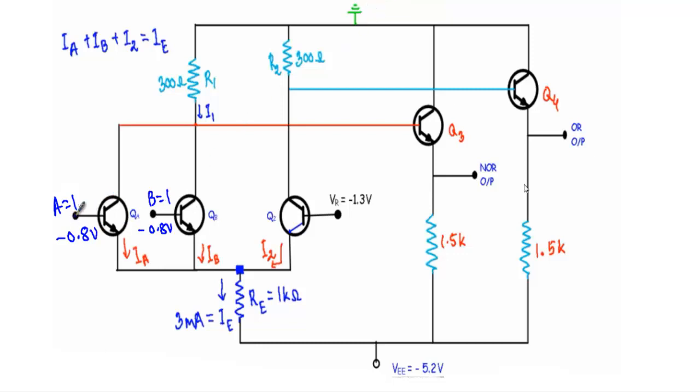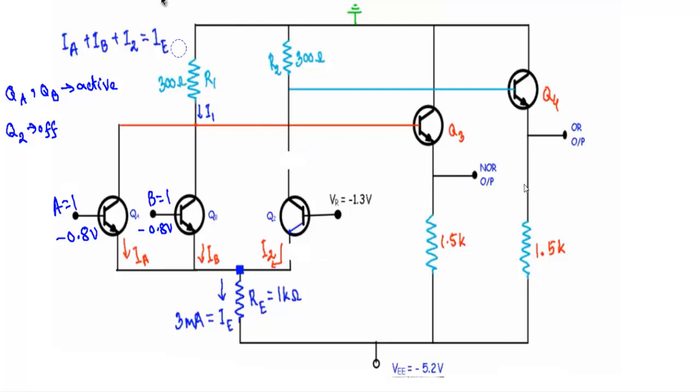As I am applying logic 1 at the input terminals, therefore our transistors QA and QB will be in active region, and our transistor Q2 will be in off state or in cutoff mode. As the transistor Q2 will be in off state, its collector and emitter terminals will act like open switch, so I can disconnect the collector and emitter terminals.